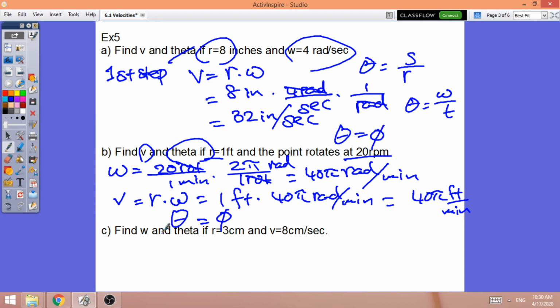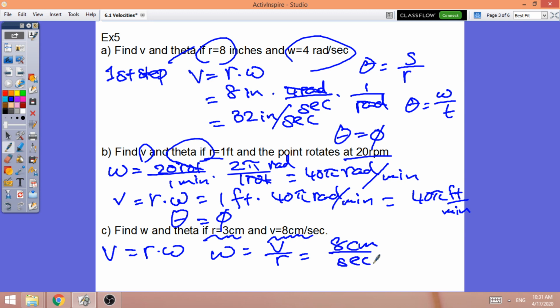Okay, so find W and theta if R equals 3 centimeters and V equals 8 centimeters per second. So again, one thing we notice, V equals R times W. So in other words, W equals V over R. So we do have 8 centimeters per second divided by the radius. Dividing by the radius means you multiply by the reciprocal.